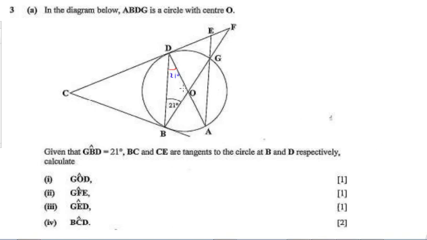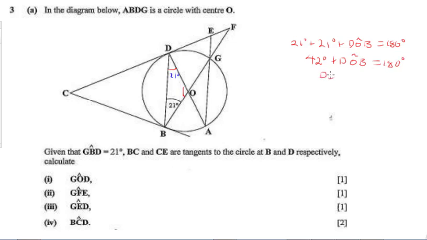And how do we find that angle? We say 21 degrees plus 21 degrees plus angle DOB should be equal to 180 degrees. So 21 plus 21 gives us 42, plus DOB should be equal to 180 degrees.